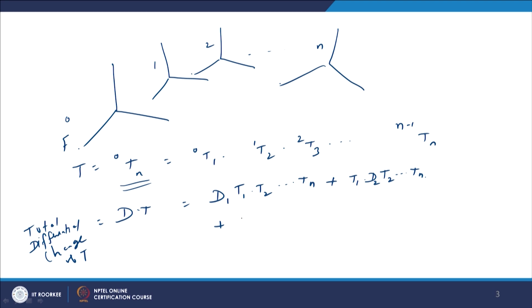For the third change, T1 and T2 will not be affected, but the change D3 will be multiplied by T3 up to Tn, etc. The last one is Dn times Tn. So, these are the total changes we have to calculate.